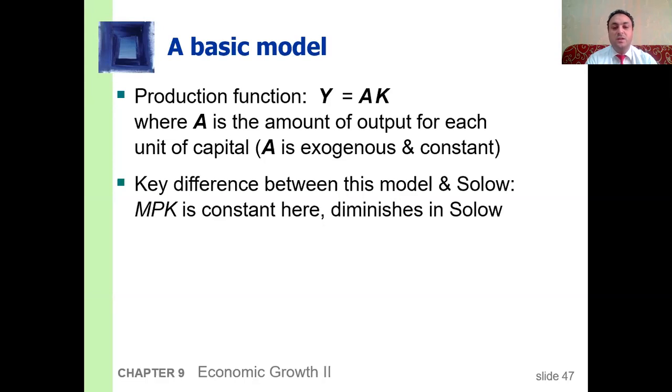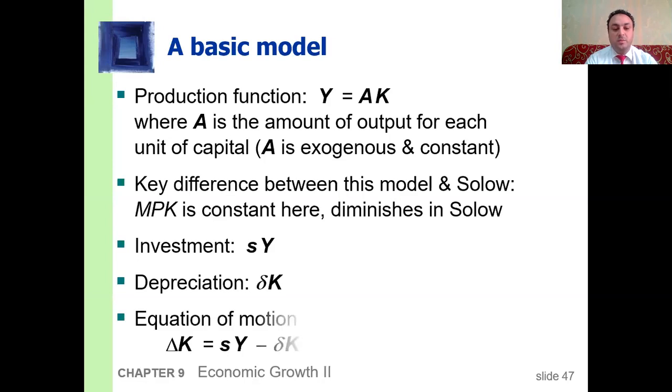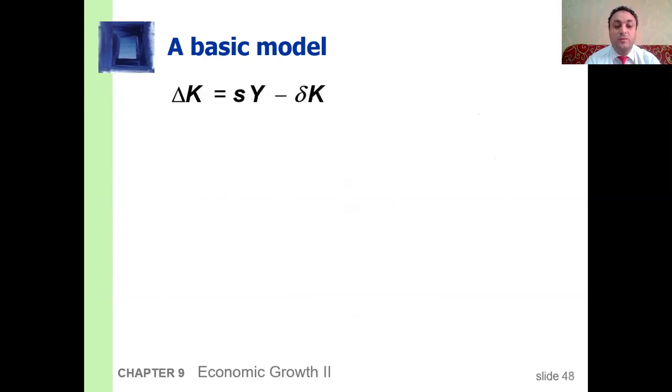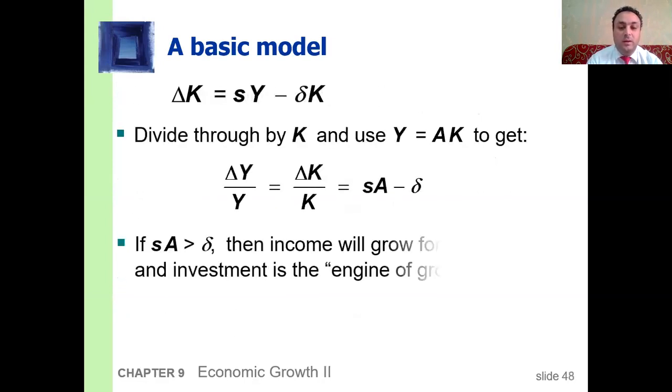So the key difference between this model and the Solow model is that the MPK, or the marginal product of capital, is constant here. But in the Solow model, if you remember, it was diminishing. So we have investment, depreciation, and the equation of motion of total capital also.